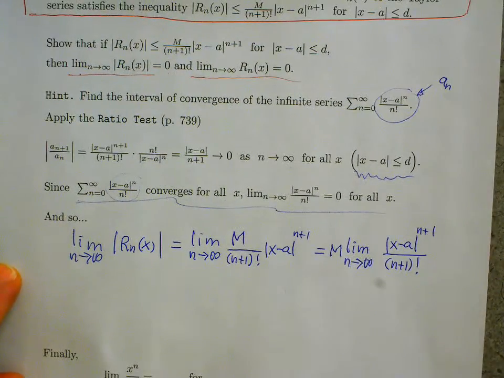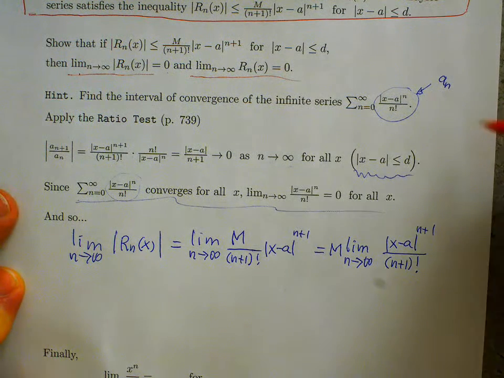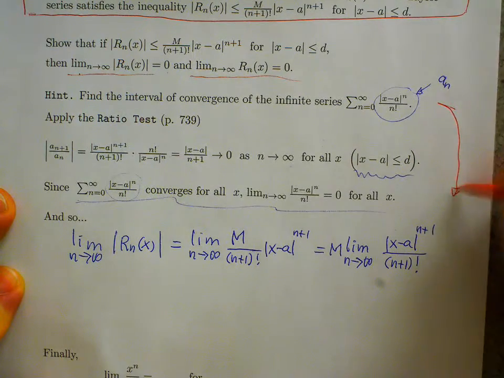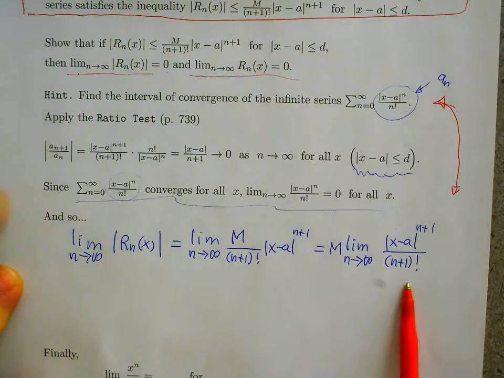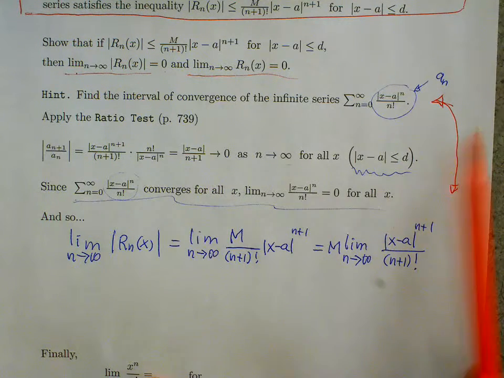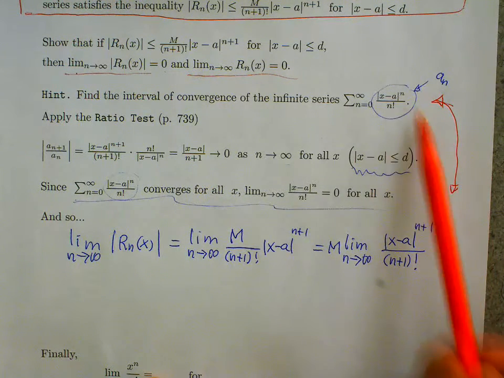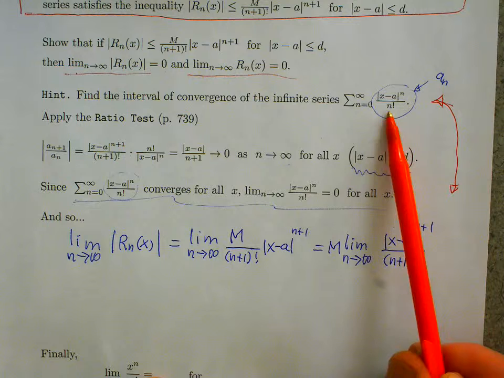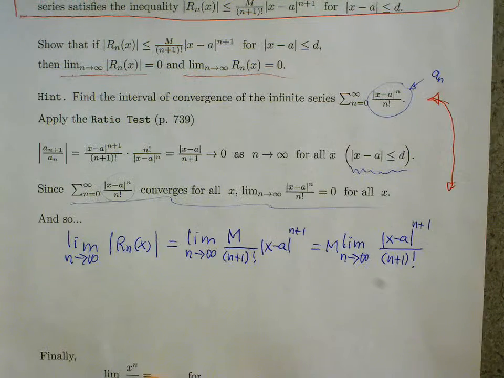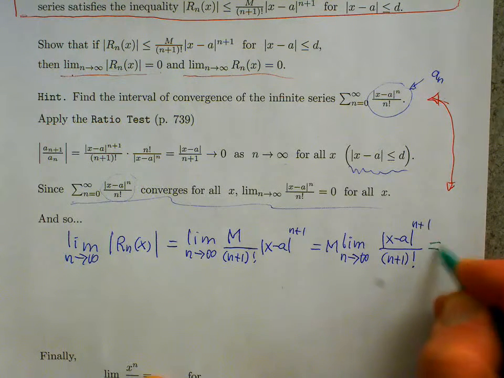Okay, so if you believe what we showed earlier, the only difference is that instead of n and n factorial, we have n plus 1 and n plus 1 factorial. So this limit should be 0.